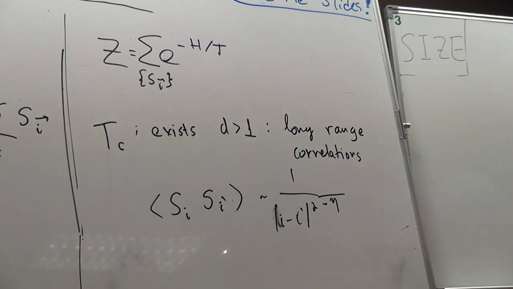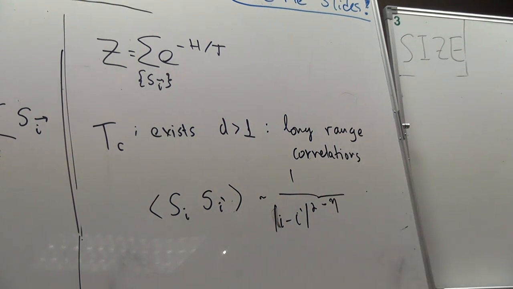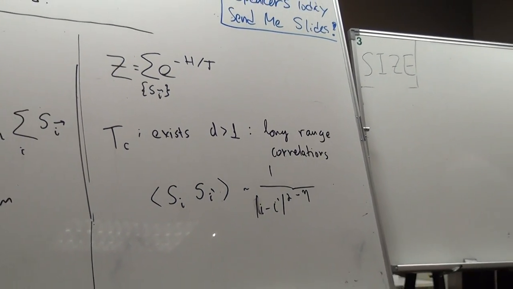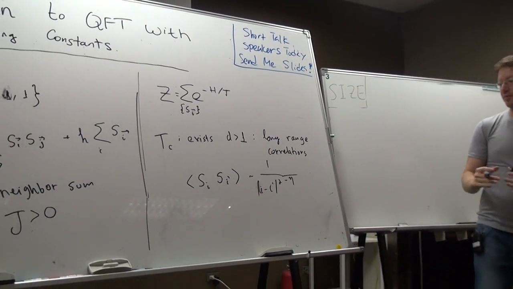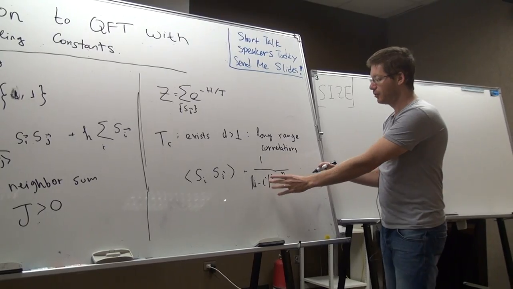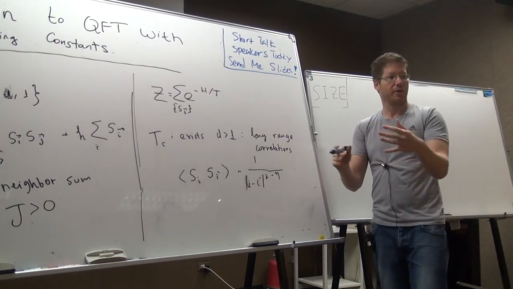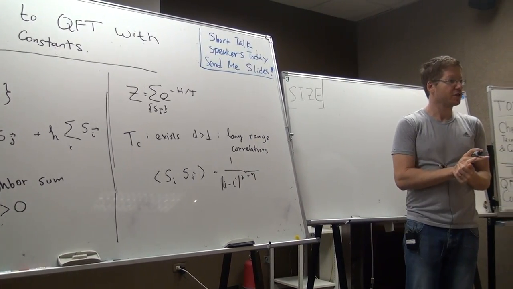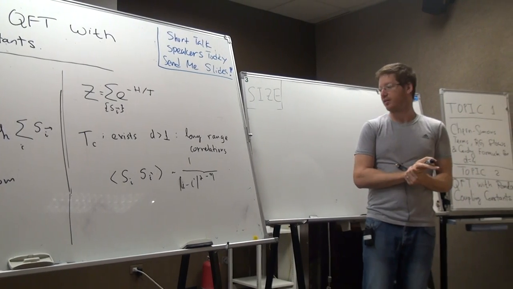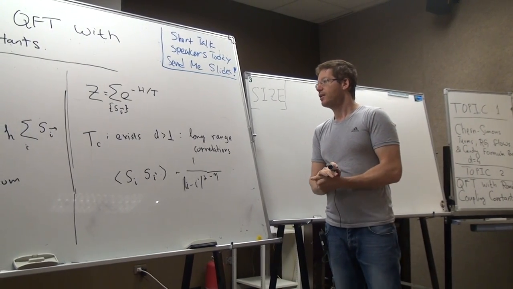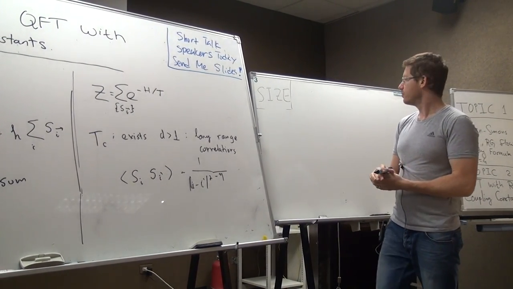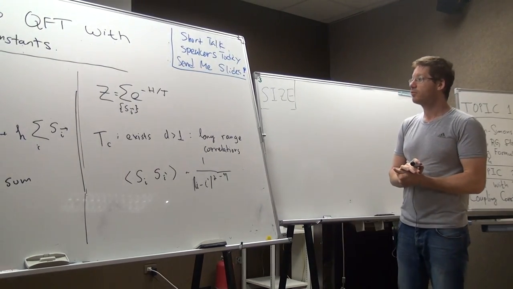Eta could depend on the number of dimensions, and we may or may not be able to calculate eta analytically, but there is a power law of this sort around the critical temperature. It is exact only at the critical temperature, but very close to it there are still very long-range correlations. They're just damped at long distances. So this is a quick review of the phenomenology of this model.